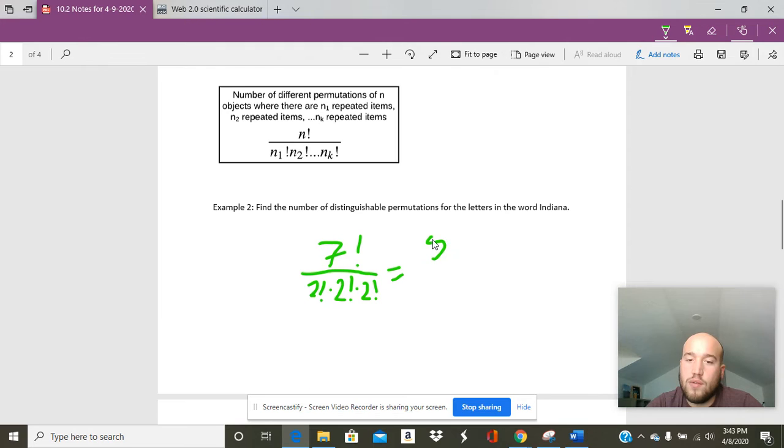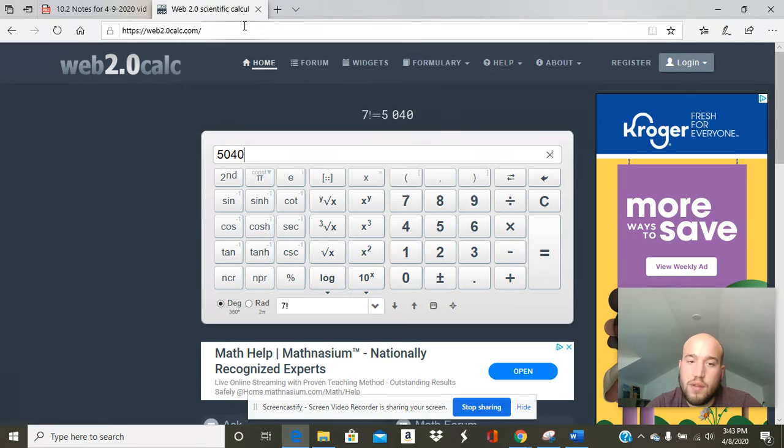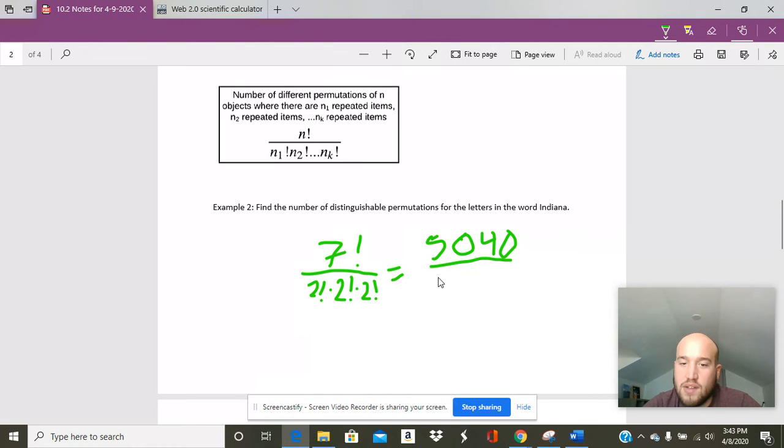Now, we're going to have to divide that by whatever we get on the bottom. Now, keep in mind, 2 factorial, so we'll clear it, 2 factorial, that's just 2 times 1, which is 2. On the bottom here, we're going to get 2 times 2 times 2.